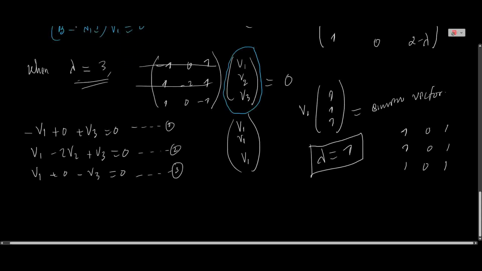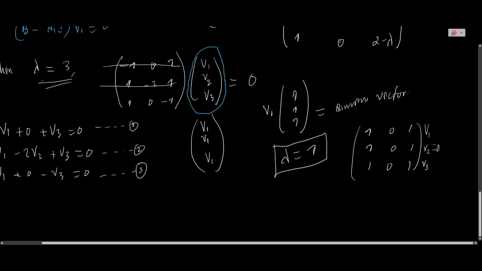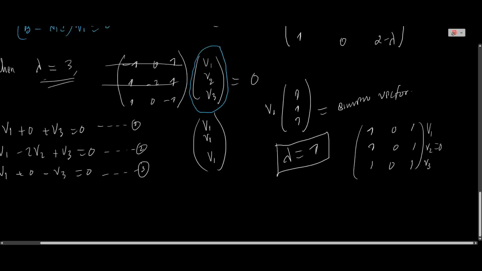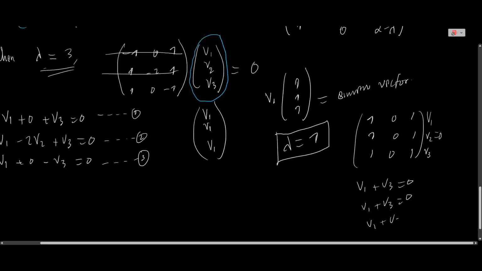Very interesting matrix. You multiply it with our v1, v2, v3, and you equate that to 0. Once you do the multiplication, I can already see that it is v1 plus v3 equal to 0, in all three equations.